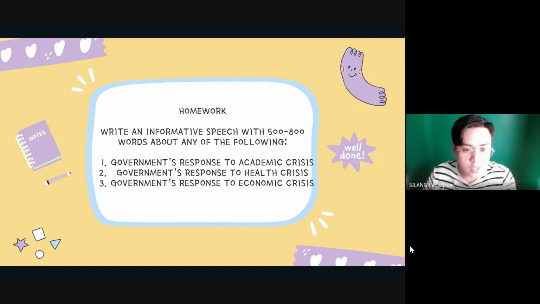And also here, dito sa homework, yung naka-flash mo ngayon, it was sa advice yesterday during the consultation, that you have to be clearer in terms of the parameters or the instructions, which I think you're able to do because you have given the students some options here. As to the subject of their informative speech, pwedeng academic crisis, health crisis, economic crisis, and you leave it to the students to decide which specific aspect of this crisis are they going to write about in their respective speeches.